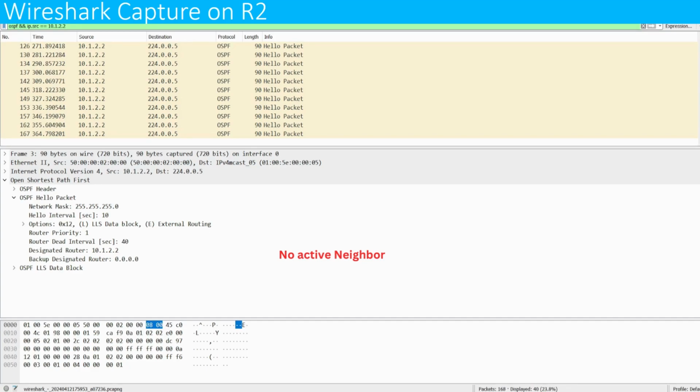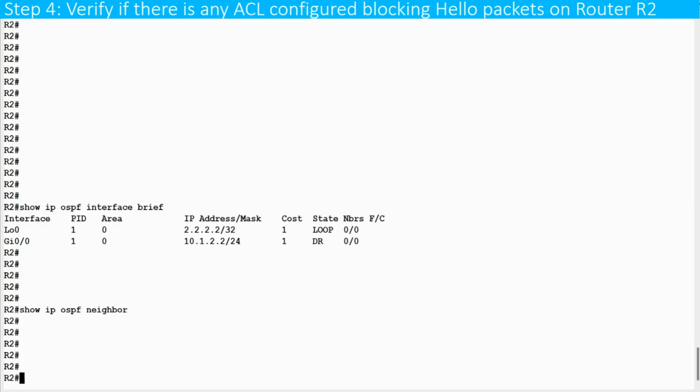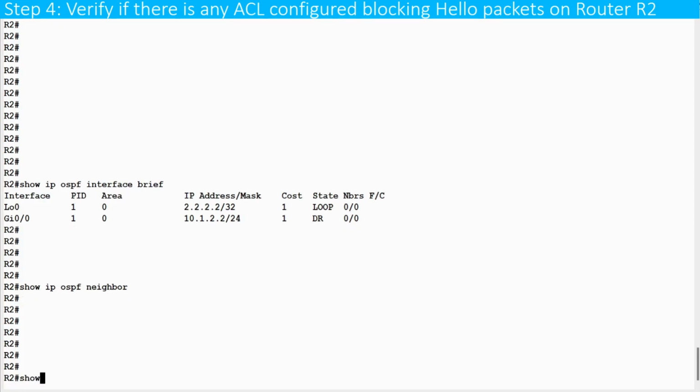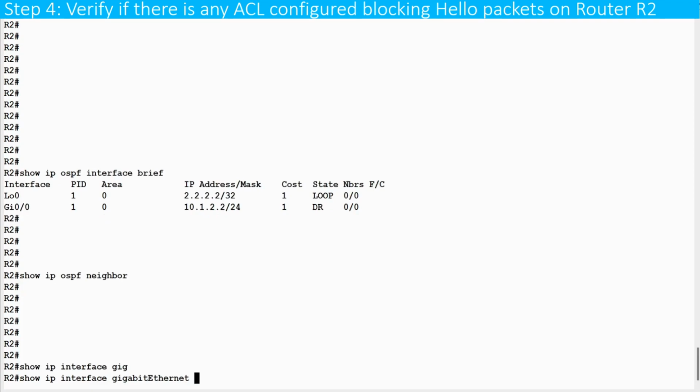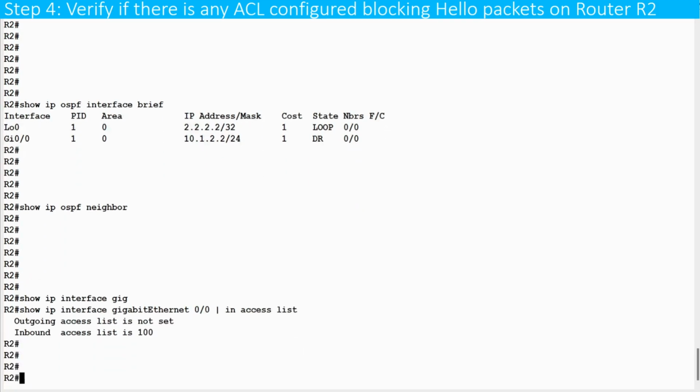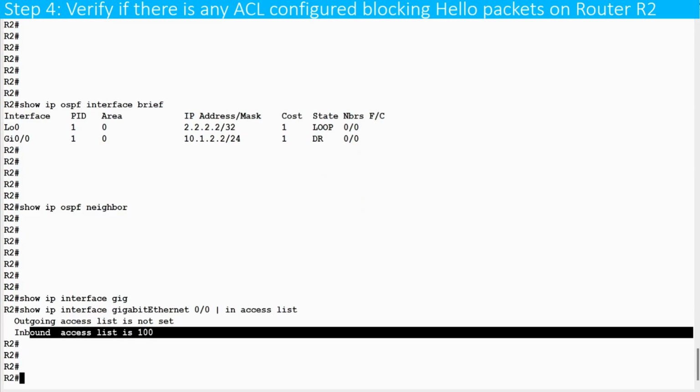In the fourth step of the troubleshooting process, let's verify if there is any ACL configured on router R2 which is blocking or denying the OSPF packets. As you can see, there is an ACL applied in the inbound direction.